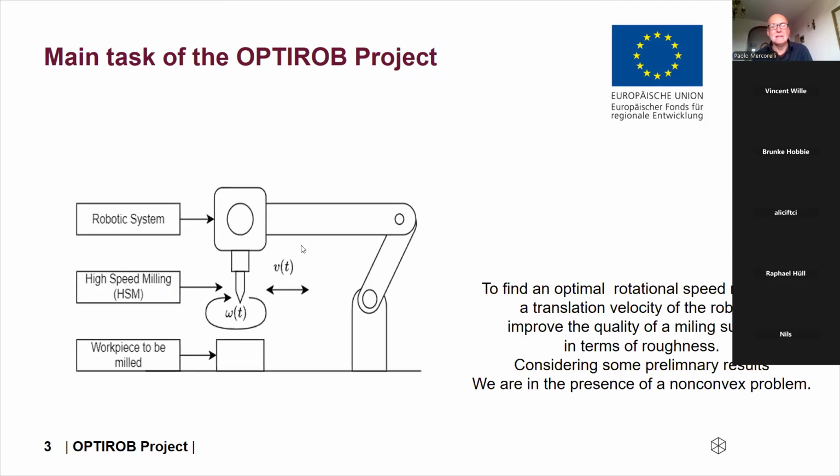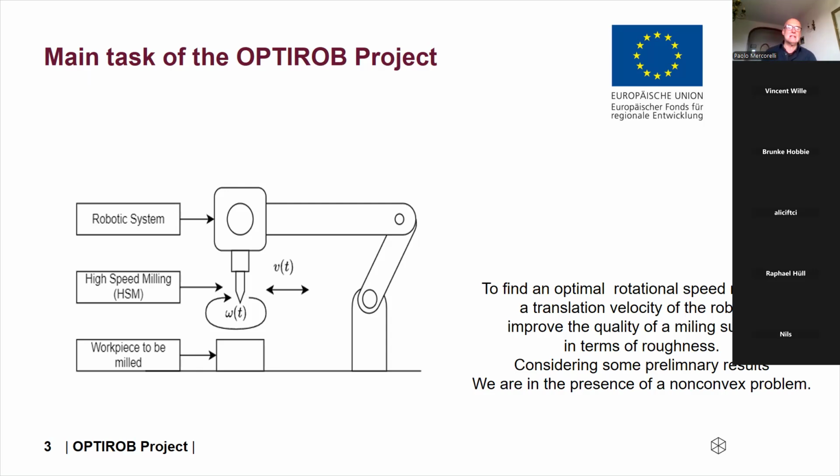This is the system. As I told you, if you consider the robot, we have here a robot which is used to mill or to work on the piece in order to realize a very flat surface.